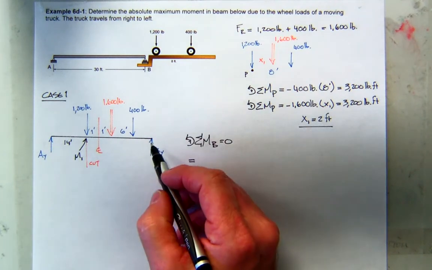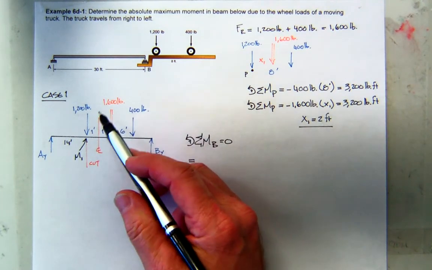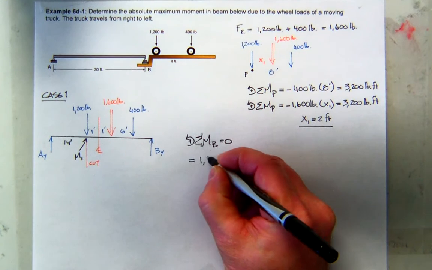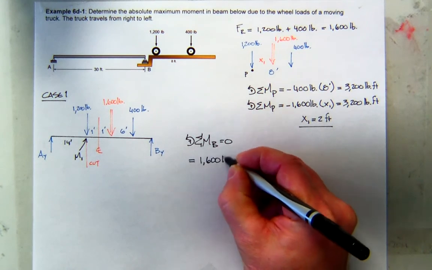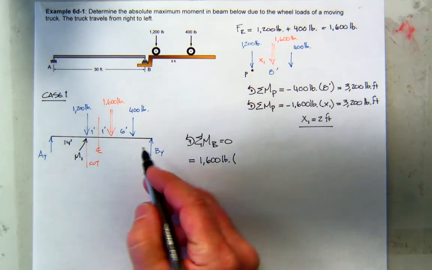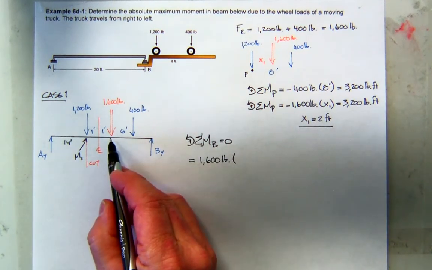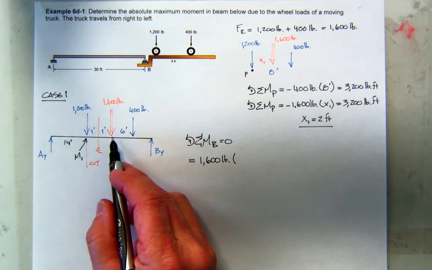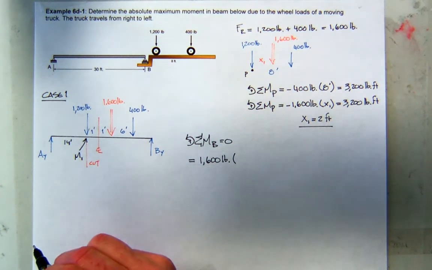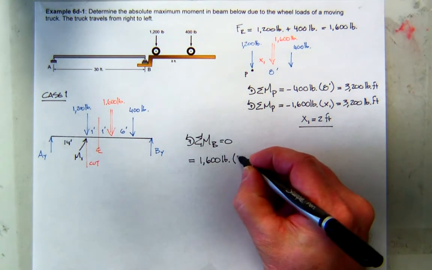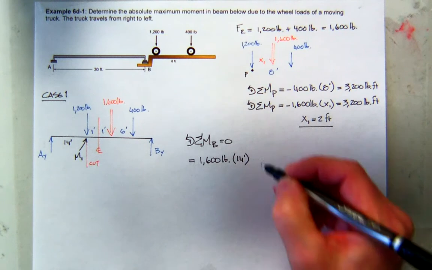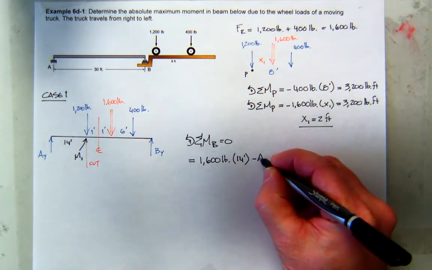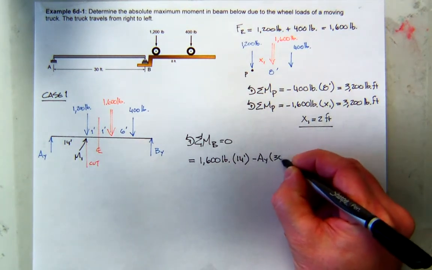So what is the moment about B due to the equivalent system? Well, it'll be positive. The force is 1,600 pounds. What's the distance from B to here? Well, half the beam is 15. 1 foot away, this distance is 14. And then AY creates negative moment at a distance of 30.